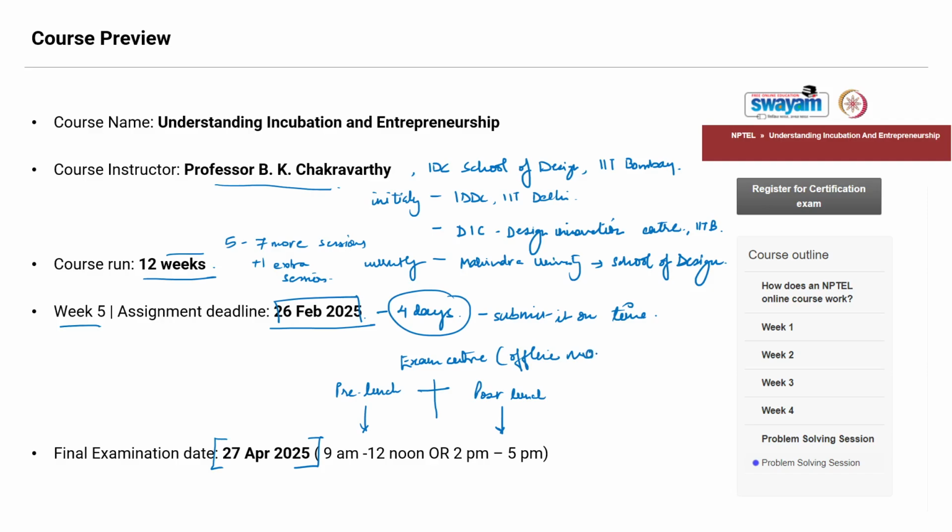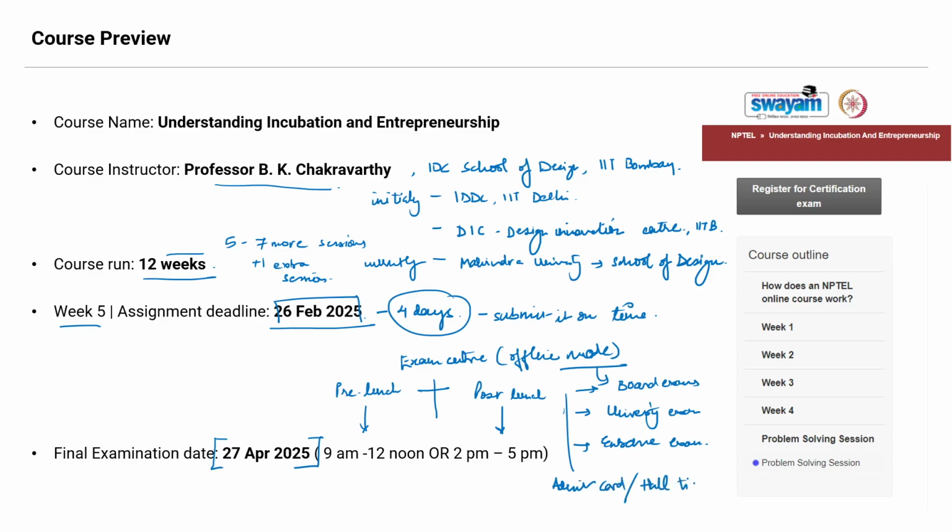What do you mean by offline mode? Basically, the same mode in which your board exams, your university exams, and your entrance exams happen. The same format applies here. You'll be getting an admit card, and you'll be making entry to the exam center.